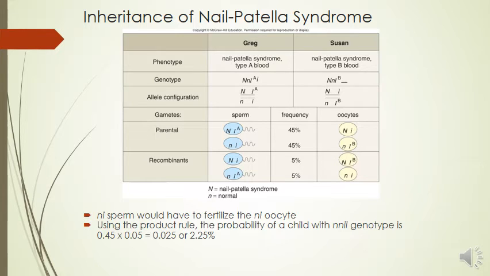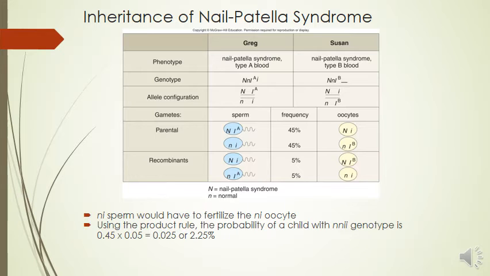The only way that this genotype can arise from them is if the sperm do not carry the Nail-Patella gene, which occurs with a frequency of about 45% based on pooled data, and that this sperm fertilizes an oocyte, which carries the O allele, which occurs 5% of the time.